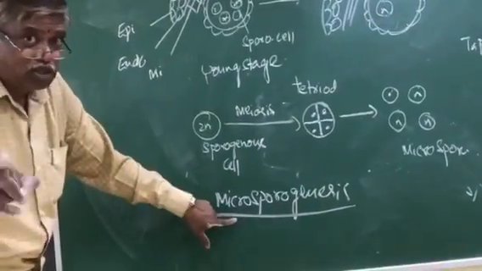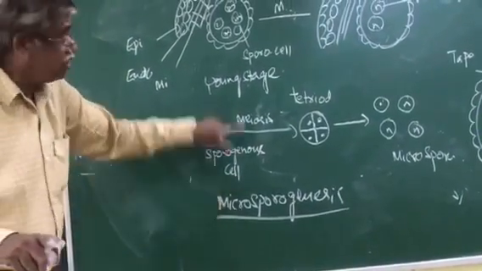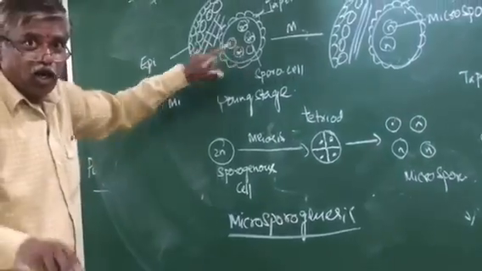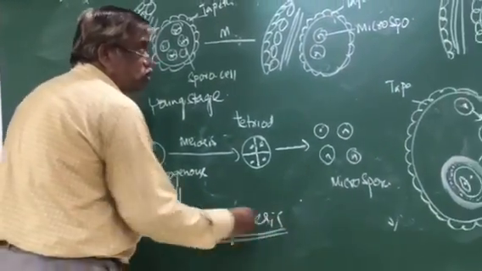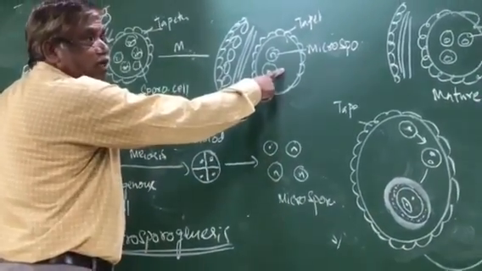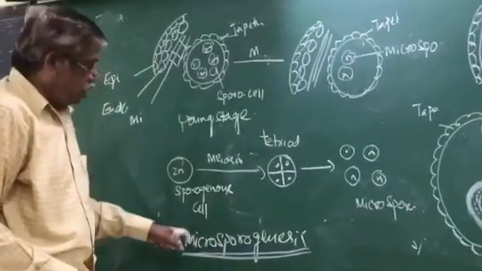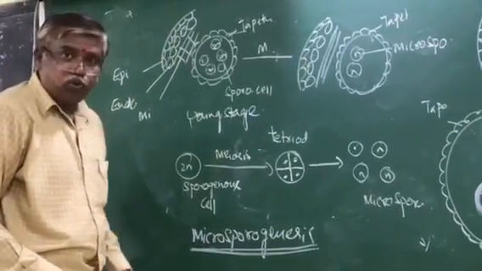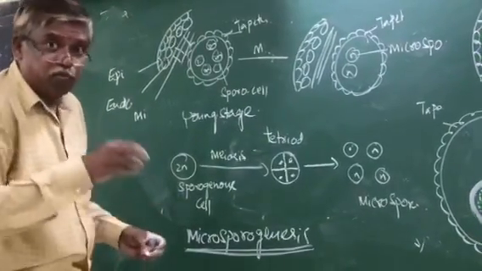It is the process. This process is occurring in theca. What is the result of microsporogenesis? The process of haploid microspores. Once again, microsporogenesis is nothing but a process.